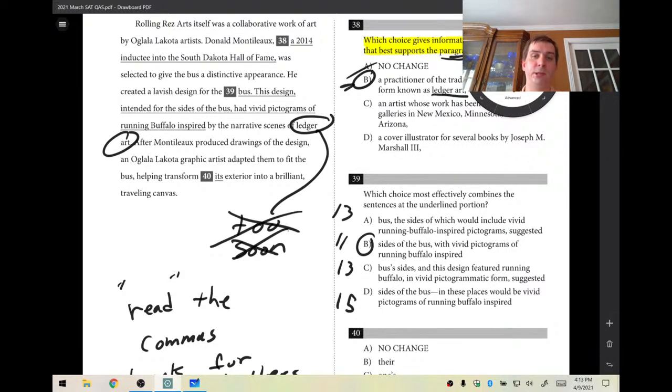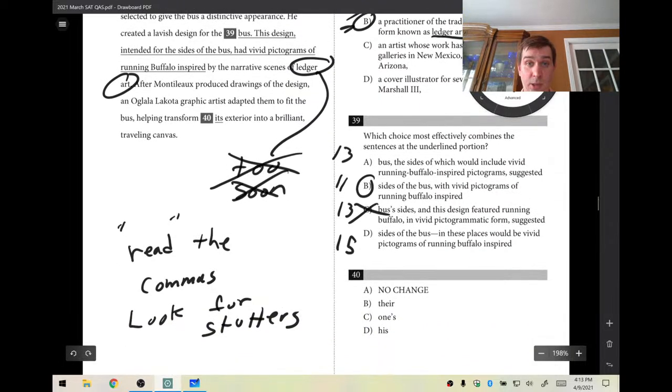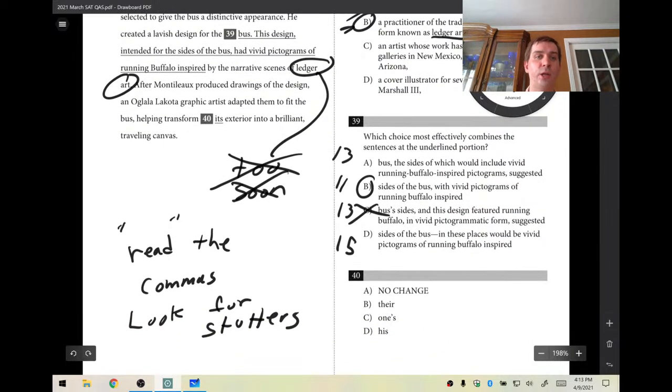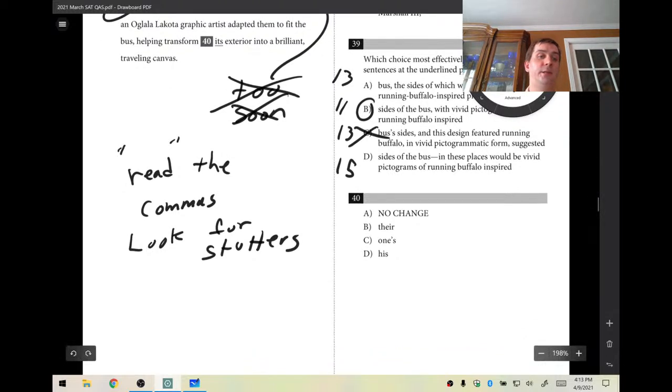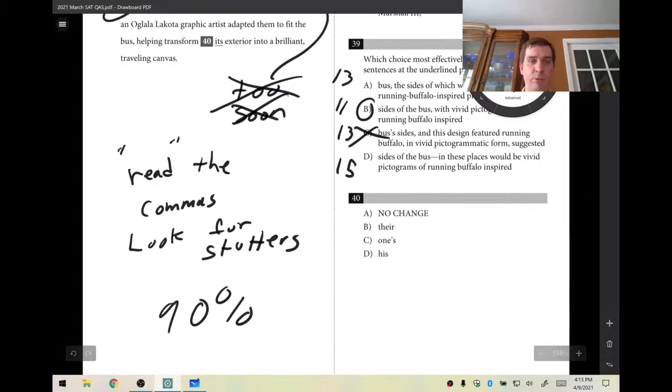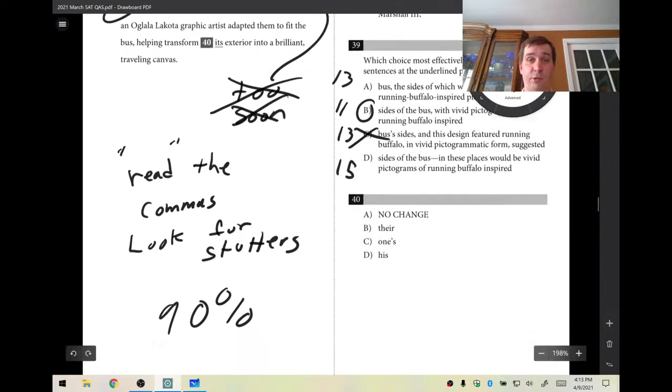Suggested, that's 3 stutters. It's out. Read the stutters. Yeah, and start with the concise answer choice. I'm not saying that it's always the shortest answer choice, but let's just say 90% of the time, because even what we've done today, it seems like about 90% of the time, it's the shorter answer choices.